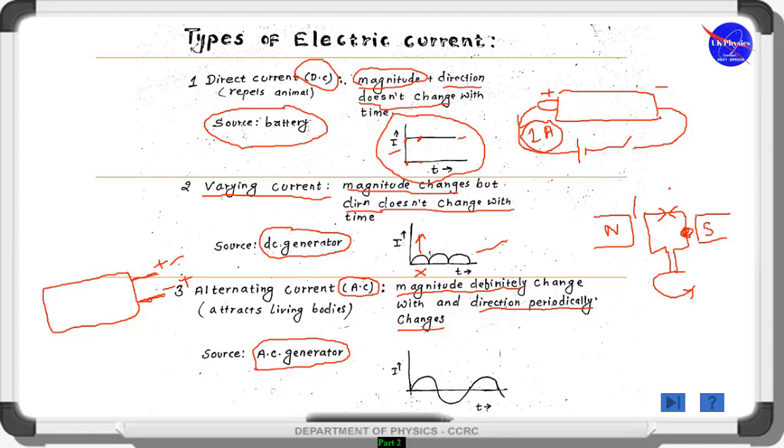This is the practical phenomenon, and the direction of flow of current is given by Fleming's right-hand rule.